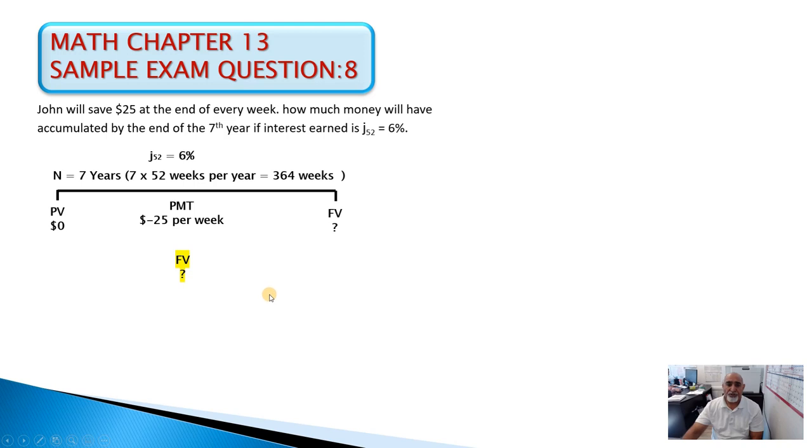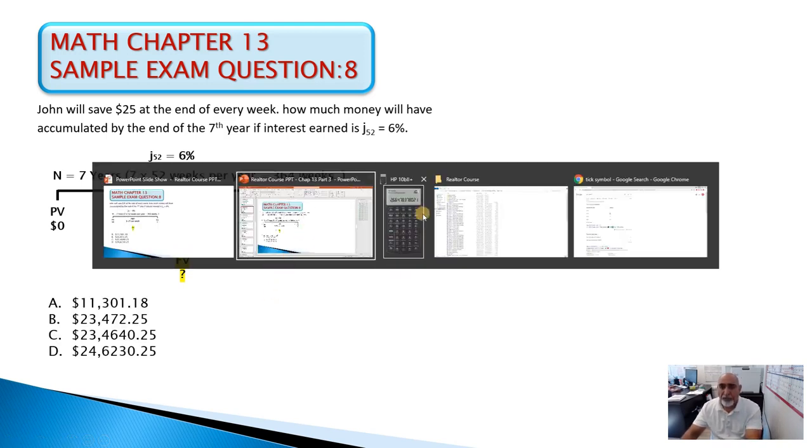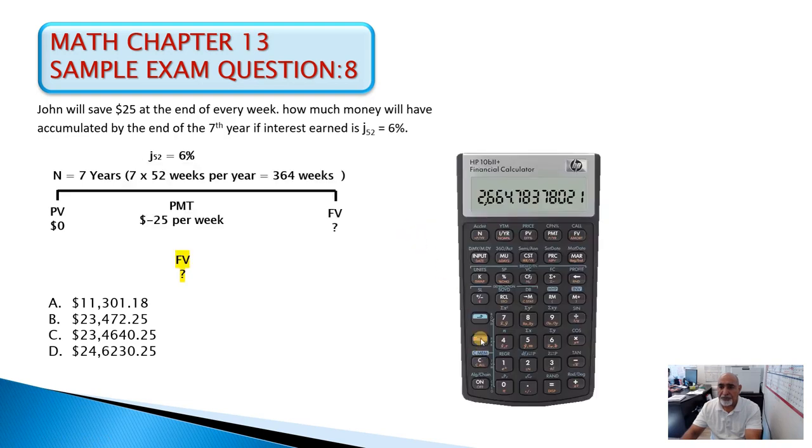So here's the choices. We're going to bring our calculator, and the calculator needs to be cleared. And first thing we're going to do is put in the interest rate. 52 for the compounding periods, 6 for the nominal interest rate. Done. N, 364 weeks, 364.